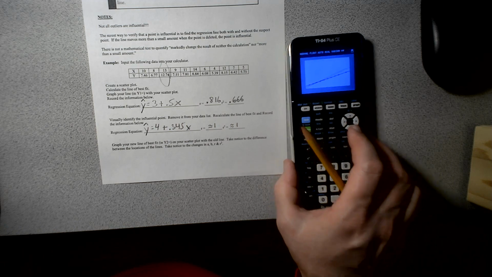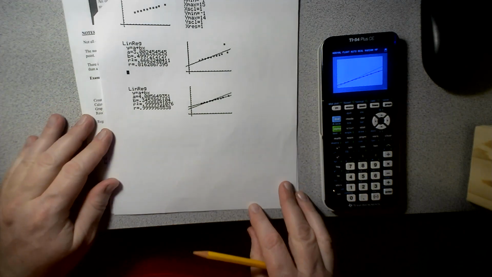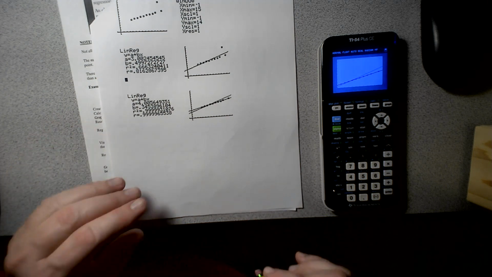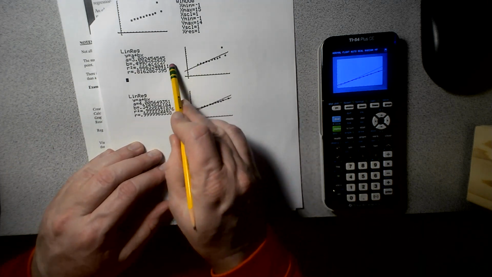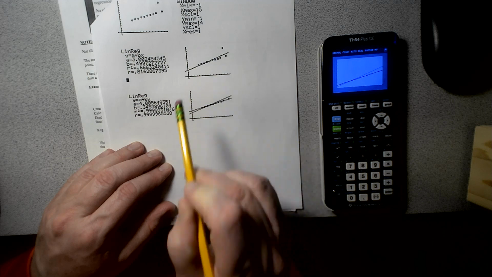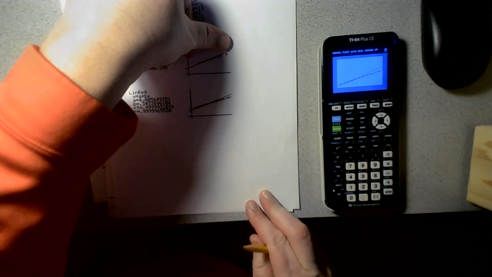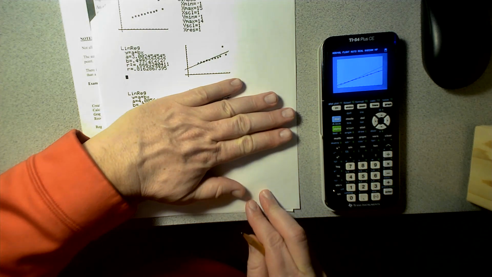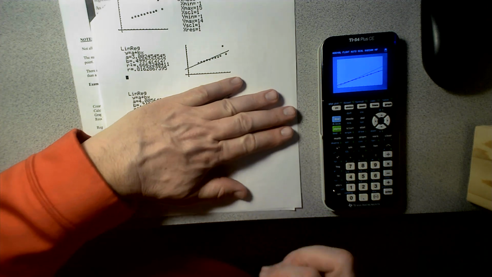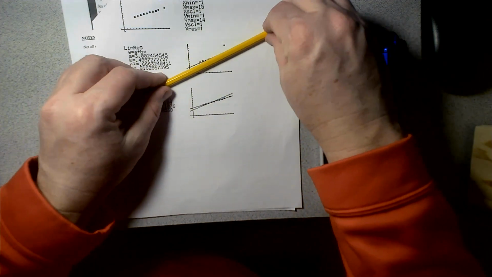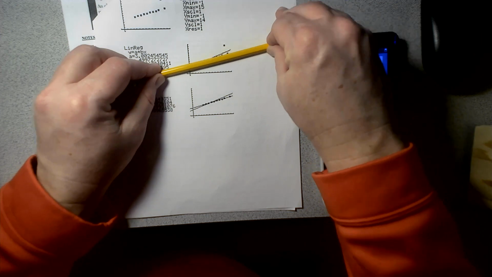So what you would need to do, I have this here that might be a little bit easier to look at, is if you know this is what it is before the outlier is removed, if you take that away without actually doing it on your calculator, what's going to change? What's going to remain the same? So you have to be able to visualize that taking that out is going to do this.